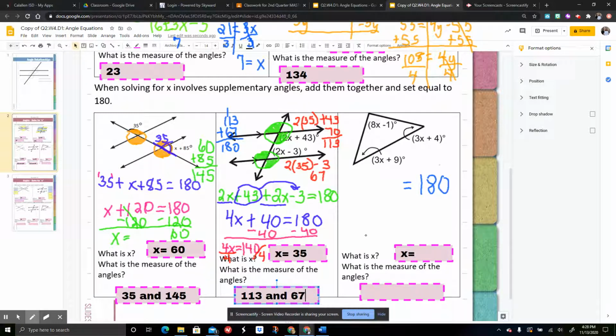I have 8x minus 1, 3x plus 4, and 3x plus 9. And I wrote them vertically so I could remember what goes with what since there were so many and they could easily get lost. So I have 8x plus 3x plus 3x. So 8, 9, 10, 11, 12, 13, 14x.